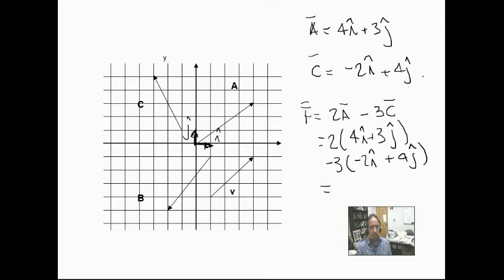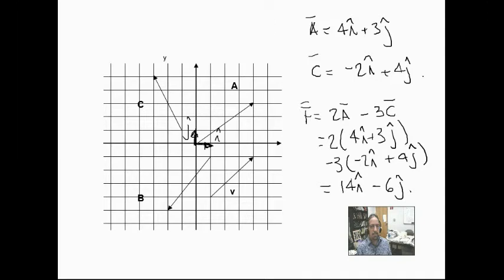And the net result, you just group together the i's, so you get 8 plus 6, that's 14i. And in the j, you again group the j's, it's 6 and minus 12. So you get minus 6j.